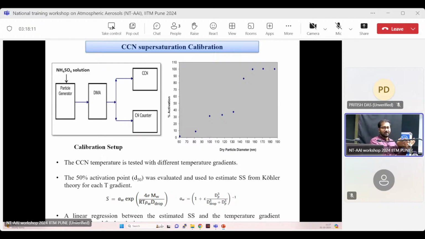If you make a linear fitting, you will get a slope. So for each value of delta T, you can calculate the supersaturation. In CCN, we don't measure supersaturation, we control delta T and accordingly estimate the supersaturation. It's an indirect way.